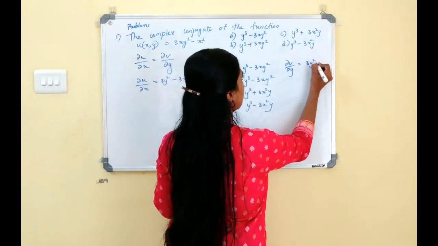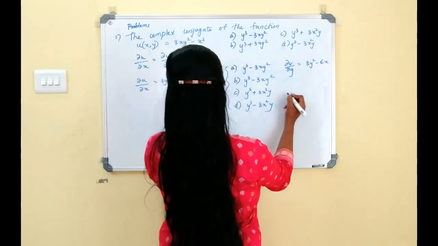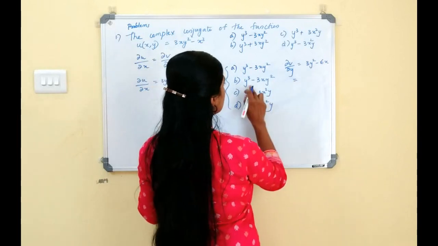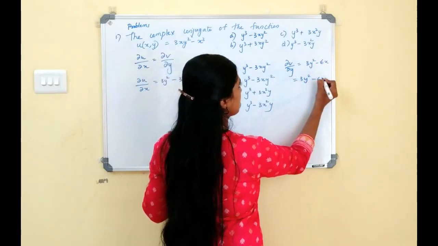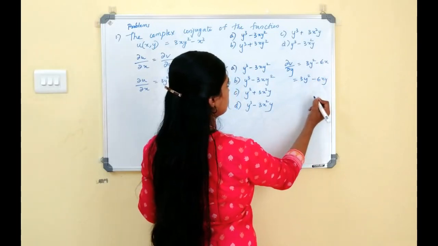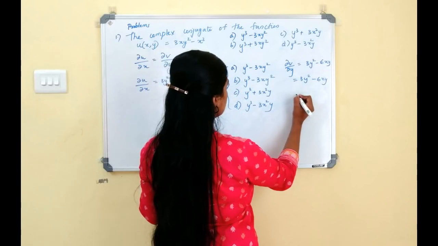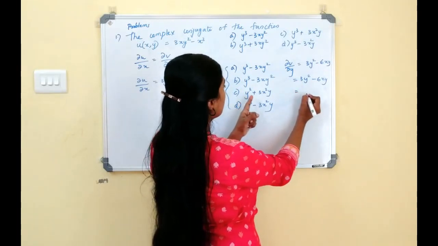The first gives 3y square minus 6x, which is not the required answer. Next is 3y square minus 6xy, which is also not it. Next option is y cube plus 3x square.